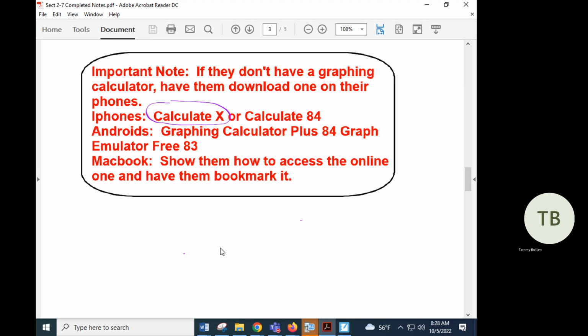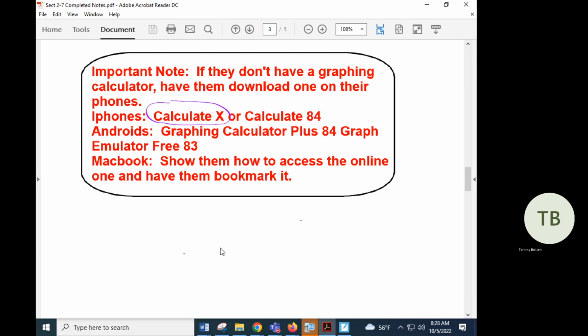You have an iPhone. You see that too. It's yours. You see this one? The thing is this one. It has like a graphing calculator. What does it say? X84.